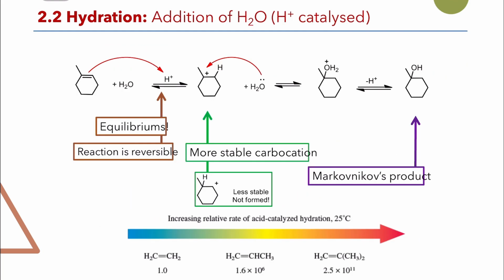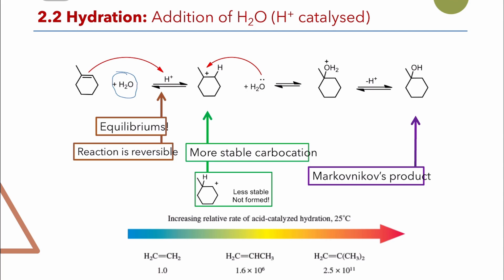Let's have another example, and now let's see if you can apply the Markovnikov rule. So again, now instead of adding a hydrogen halide by hydrohalogenation, now we will add water.